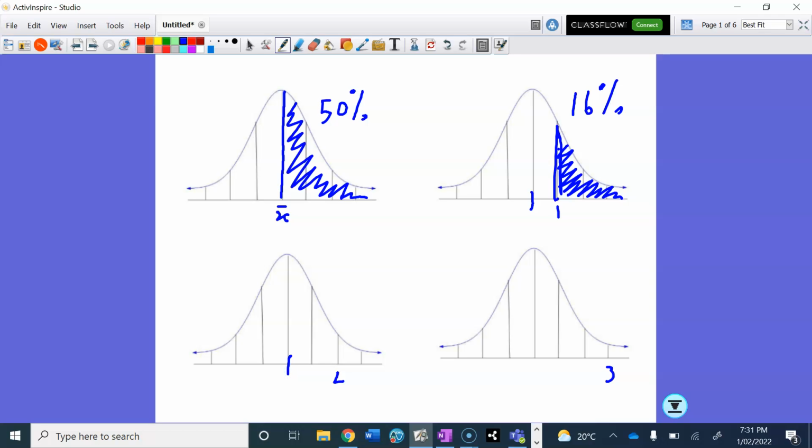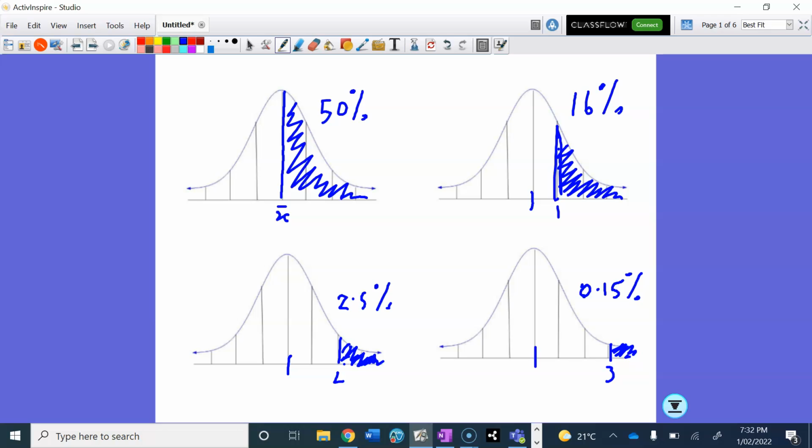Compared to the mean, 2 standard deviations above would be represented like that on the graph, and in terms of percentages that would be 2.5% of the population. And 3 standard deviations above the mean would be that tiny little tail on the graph, and it's represented by 0.15% of the population.